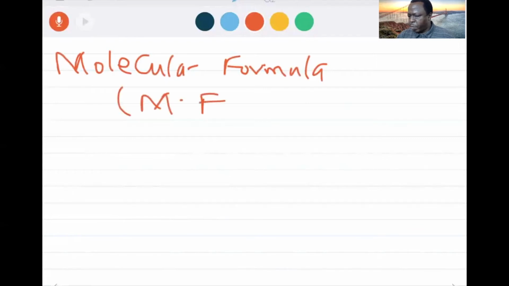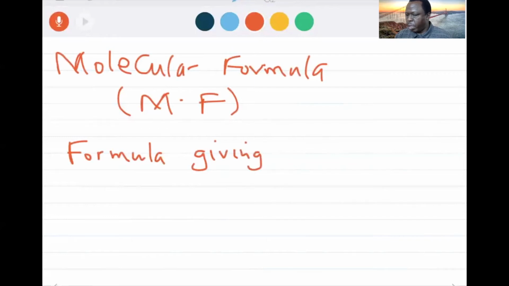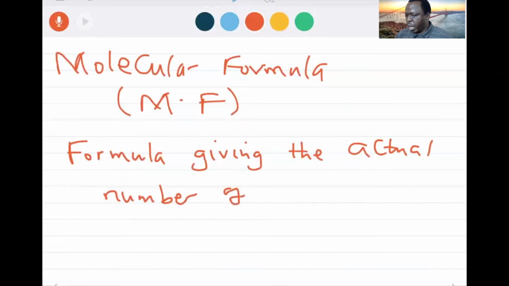This is simply the formula of a compound giving the actual number of atoms in a compound. This is how you define molecular formula.